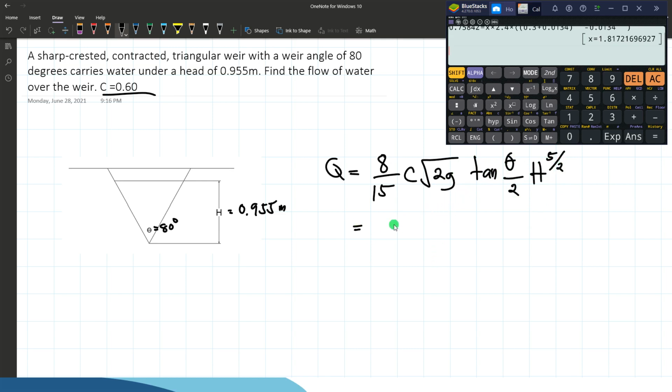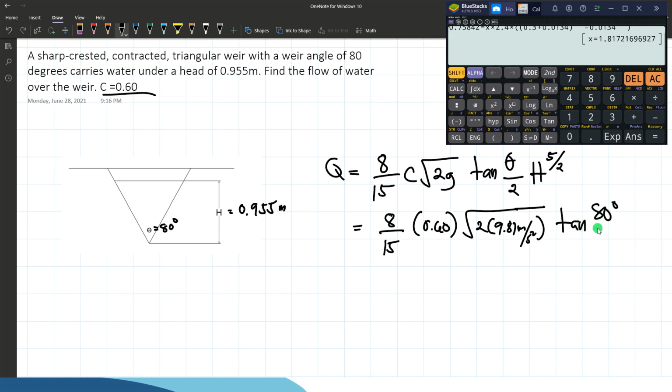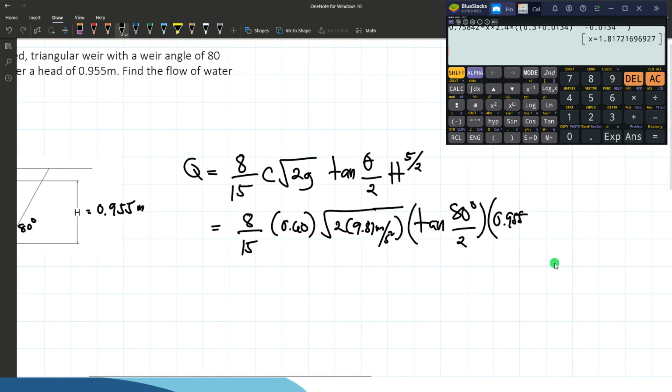Now we simply substitute all the given here. 8 over 15, C is 0.6, square root of 2 times 9.81, tangent of the weir angle 80 degrees divided by 2, multiplied by H, head 0.955 meters raised to 5 halves.